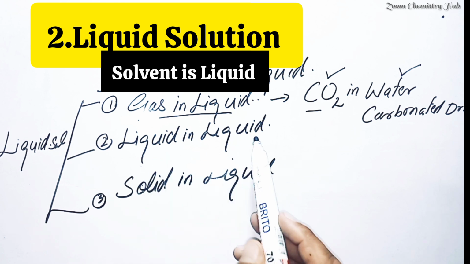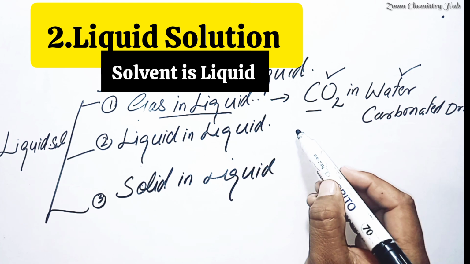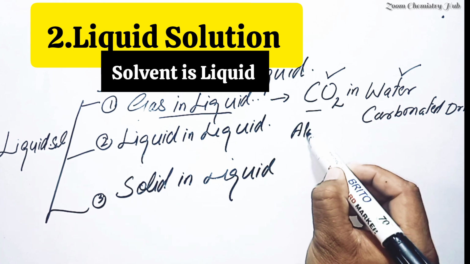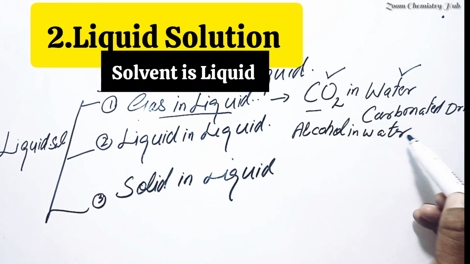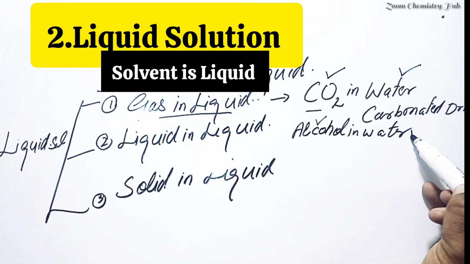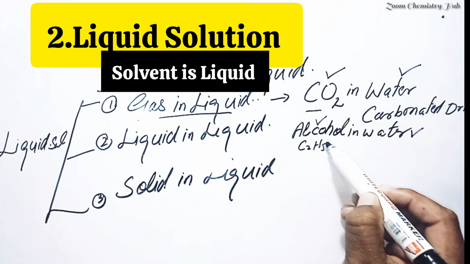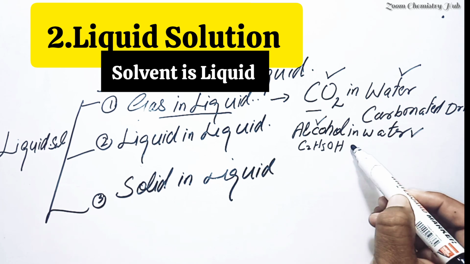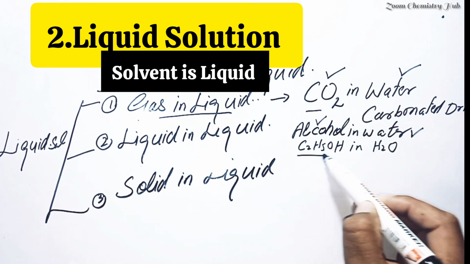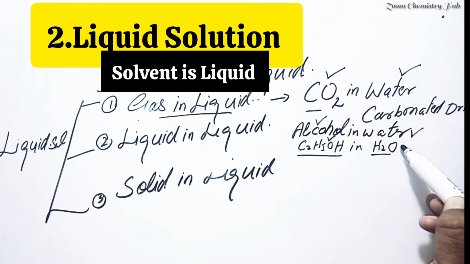Similarly, liquid in liquid. Here the example is alcohol in water, that is C2H5OH, ethyl alcohol in H2O, water. So here the ethyl alcohol is the solute and water is the solvent.